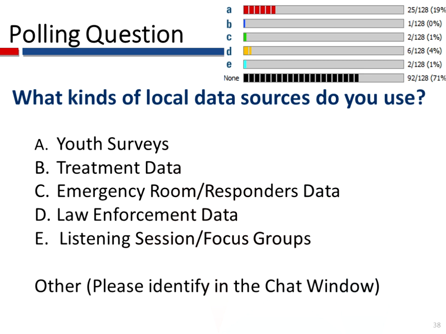Emergency room responders data, it really depends on what that data looks like. If it's just numbers, telling us basic patterns of use, who's using and how often, then it falls in the first two categories of problem or risk factor data.